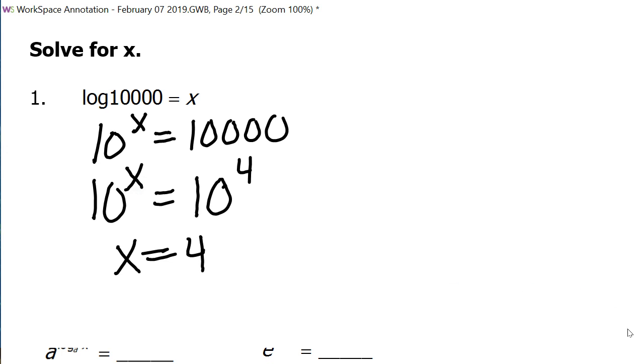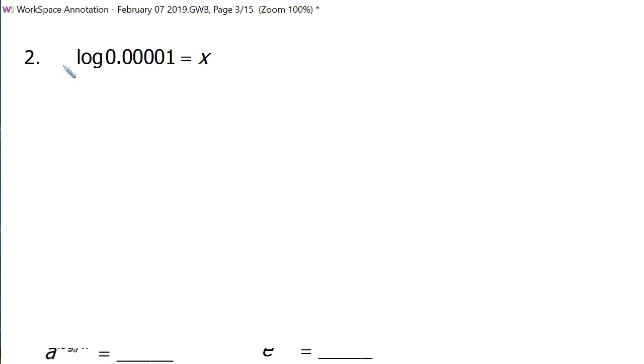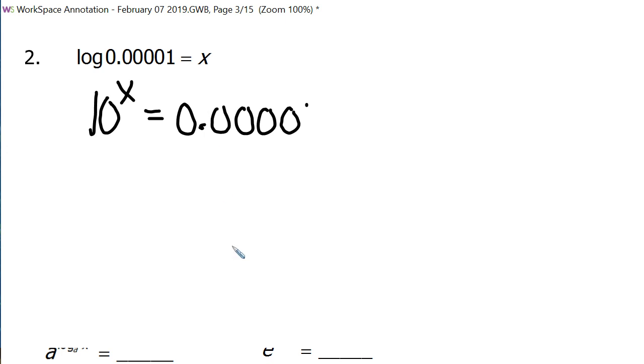Next one, number 2. What is the base? 10. What's the power? X. And that equals 0.00001. To solve this, we're going to get like bases. What would be the like base? 10. So 10 to the x power equals 10 to what power?